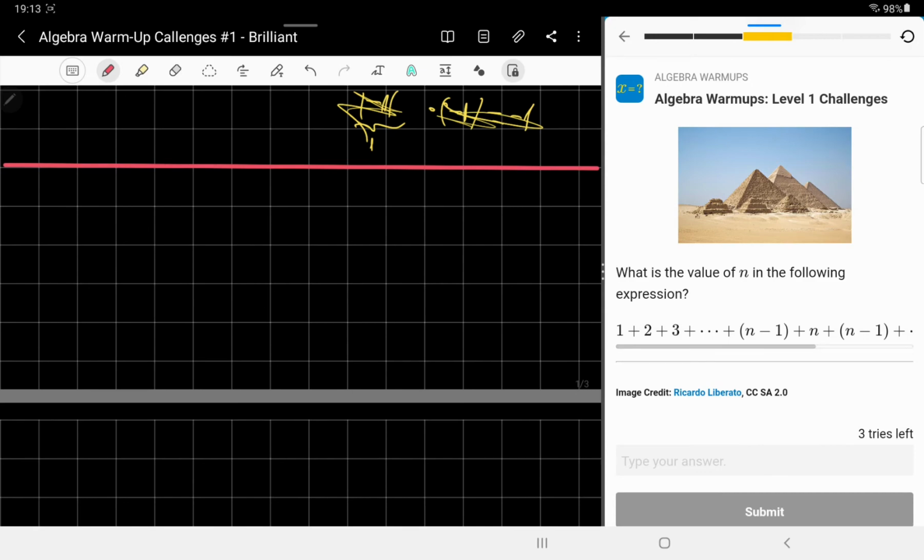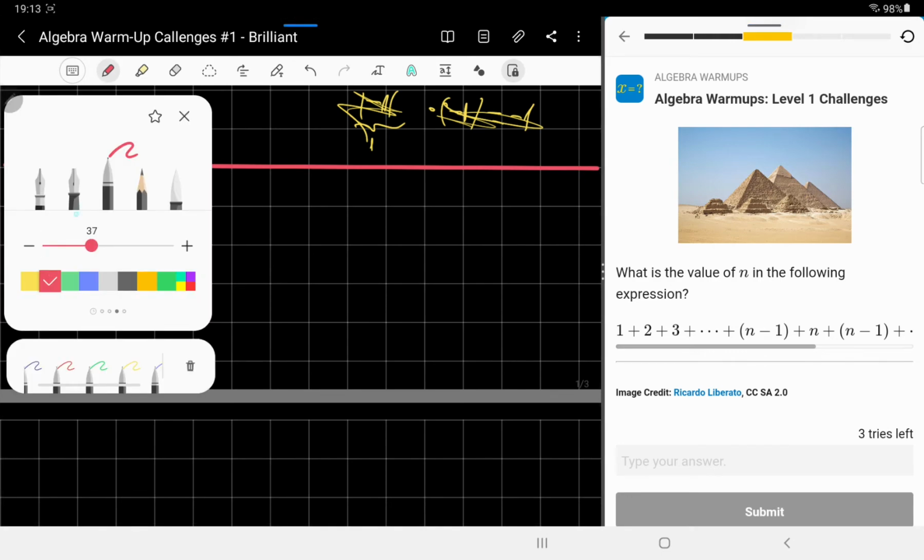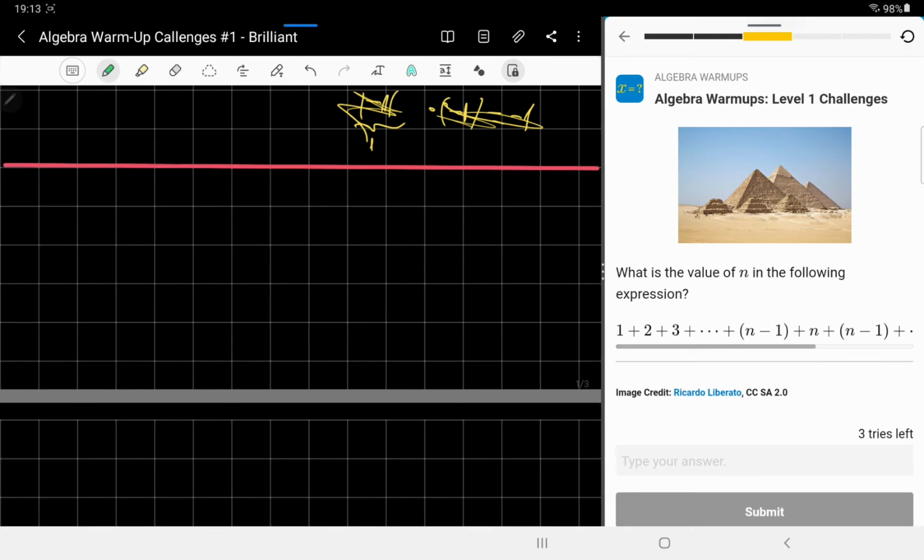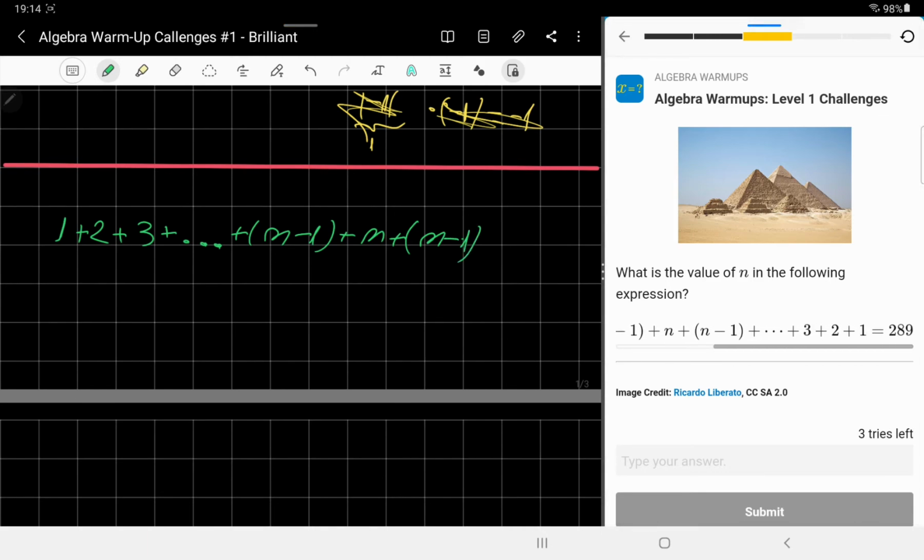What is the value of n in the following expression? So the idea here is to understand better. So 1 plus 2 plus 3 plus dot dot dot plus n minus 1 plus n plus n minus 1 plus 3 plus 2 plus 1.